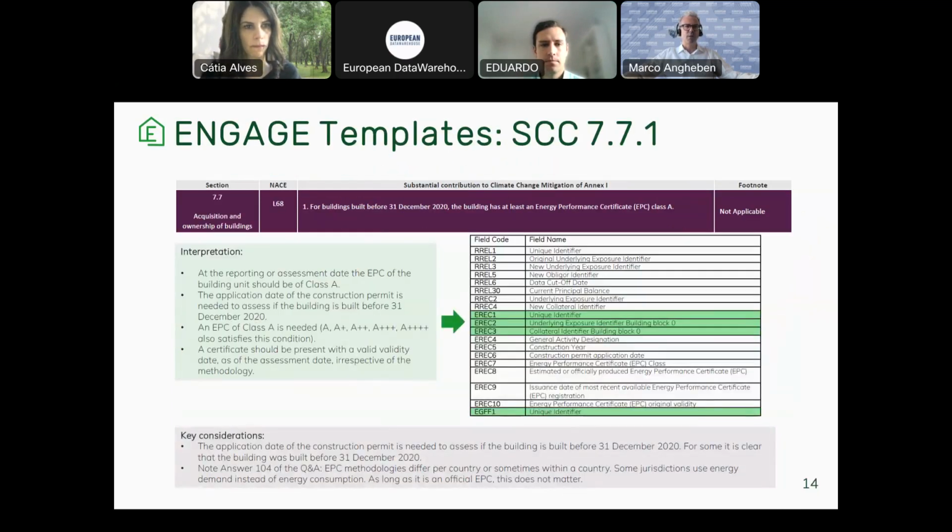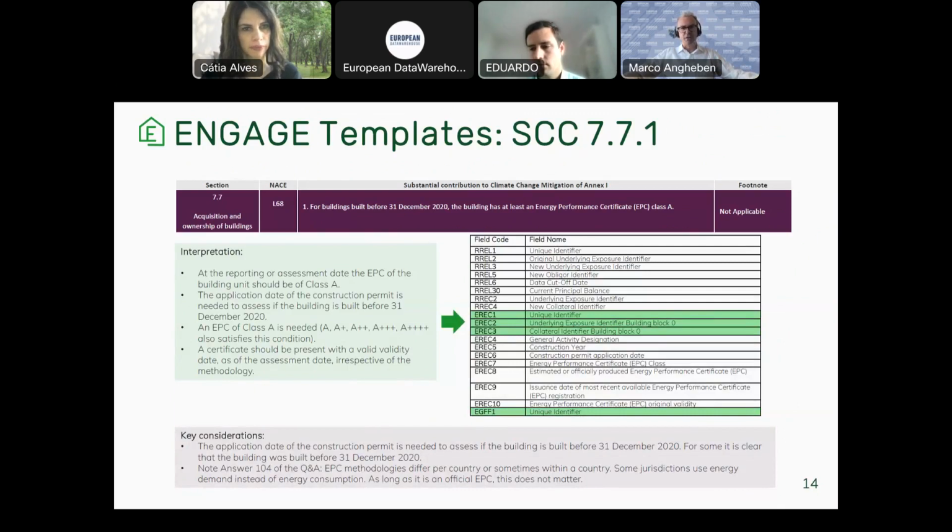Next. So in terms of the various specific parts of the template itself, in terms of the acquisition and ownership of buildings, this is for the buildings that are built before 31st of December 2020.